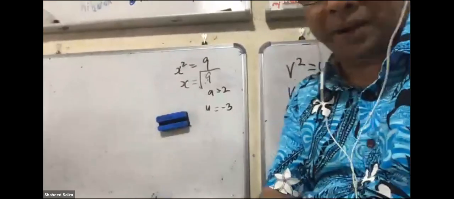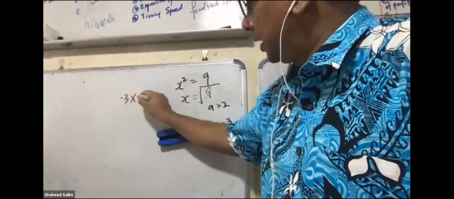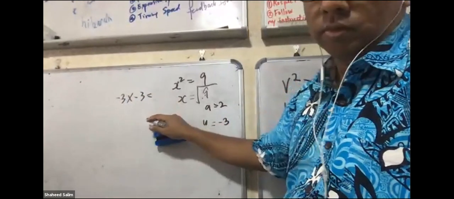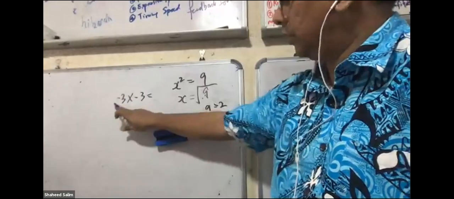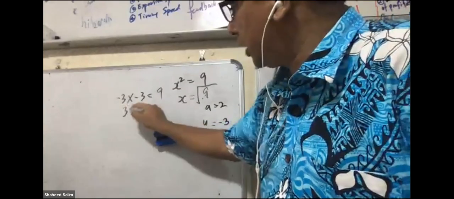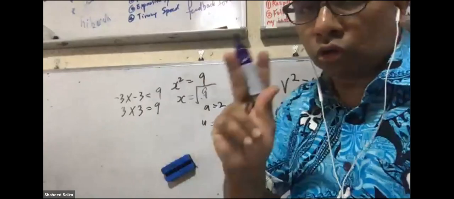It is not only +3. Watch. -3 times -3, what's the answer? 9. Plus 9. And +3 times +3, what's the answer? 9. So when you square root 9, you get 2 answers.